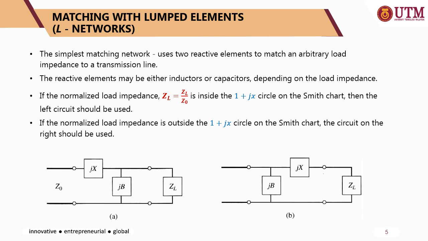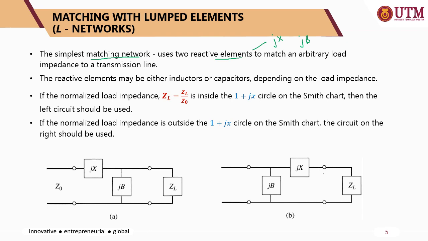Okay, brief information on the L section network. It is one of the simplest matching networks that uses two reactive elements, which are the jX and jB, the reactance and the susceptance, to match an arbitrary load impedance to a transmission line.